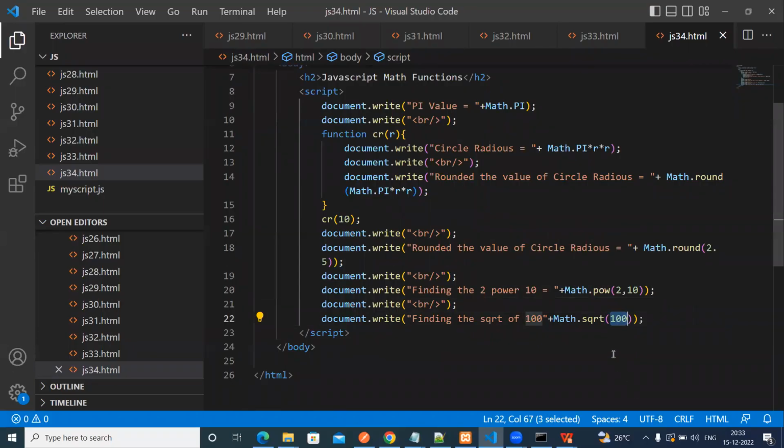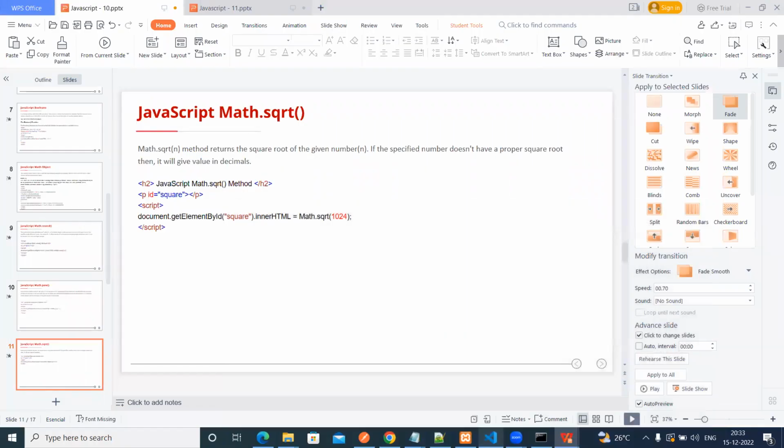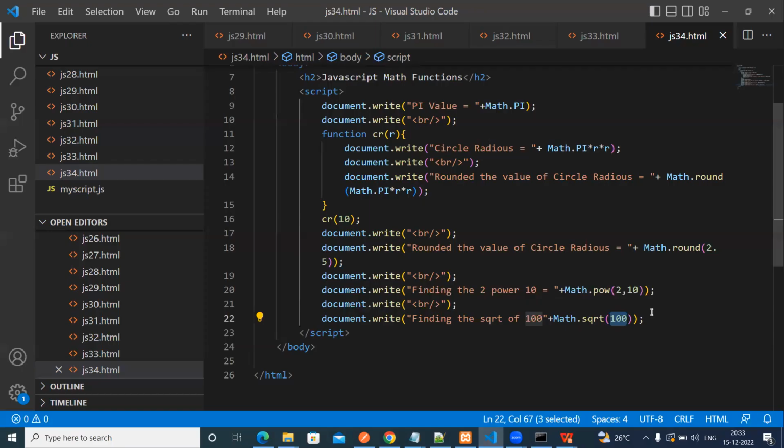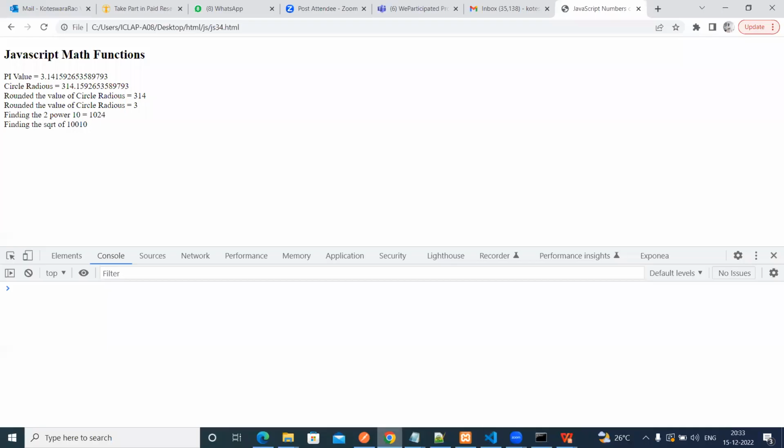Sorry, square root of 100. The method square root only is coming another extra time.